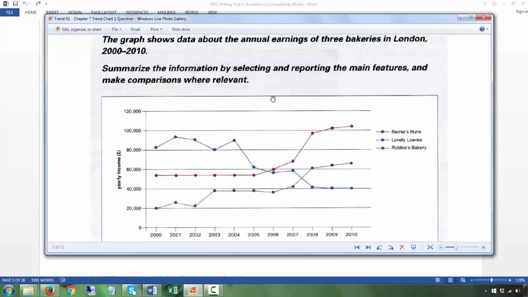Now, why trend? Just think about it again. What is the overview? The purpose of the overview is to give a big picture view. Remember, I said imagine your friend is next to you but cannot see this graph, and you want to tell her in 1 to 2 sentences what this is about.